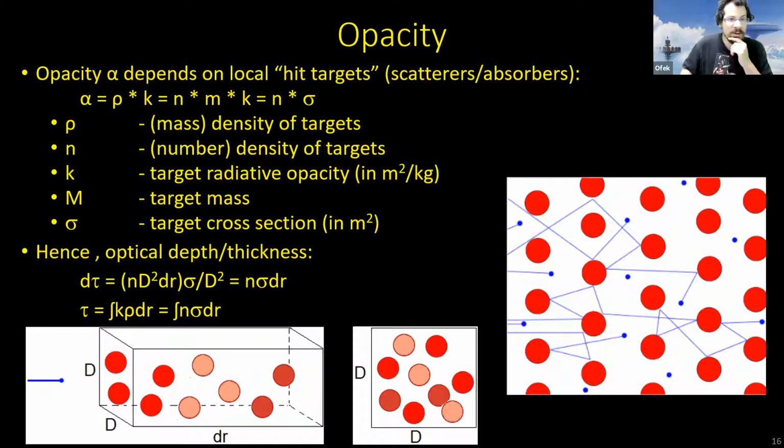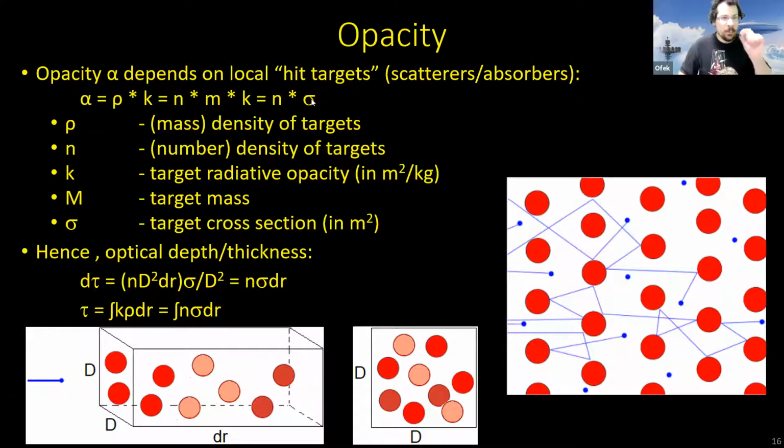And then you can group this mass, which is a property of the particle that scatters the photon, times kappa, which is again an inherent property of the particle, and get this sigma, which is again a property just of that particle. And n will tell you how many particles there are per unit volume, the density of those scatterers, of those targets.